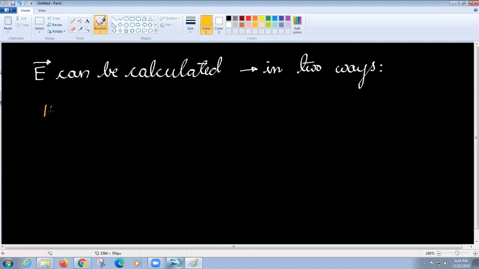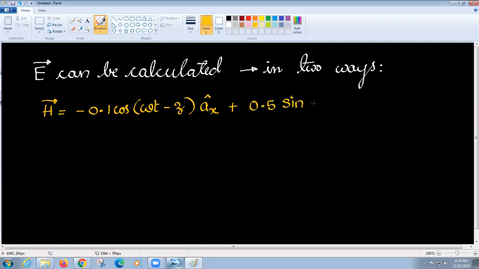The given magnetic field is H equal to negative 0.1 cos of omega t minus beta z, beta equal to 1, and this is polarized in the x-axis, propagating along the positive z-axis, plus 0.5 sine of omega t minus beta z, beta equal to 1.